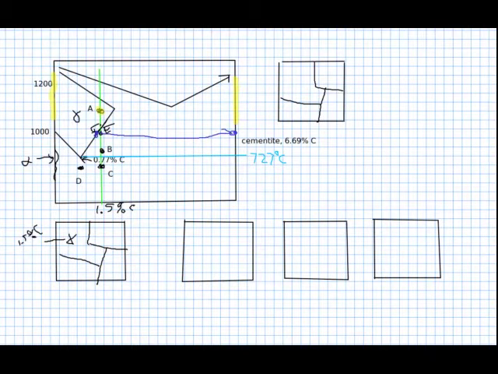And is it going to be mostly austenite or mostly cementite? Just, say it out loud. Yeah, mostly austenite, because point E is really close to the austenite side of that. You could, of course, do a calculation, and what you'd find is that E would be like 99% austenite. So it's mostly austenite with just a little bit of cementite.